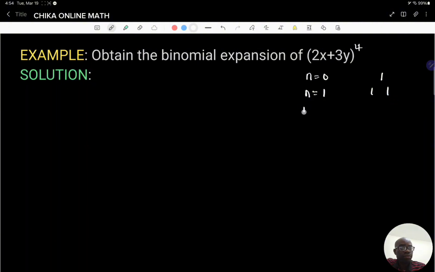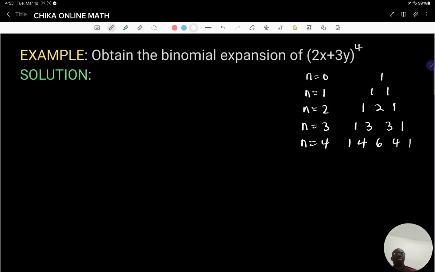For n equal to 2, we have 1, 2, 1. For n equal to 3, we have 1, 3, 3, 1. And for n equal to 4, we have 1, 4, 6, 4, 1. So these are the coefficients of the terms in the expansion.